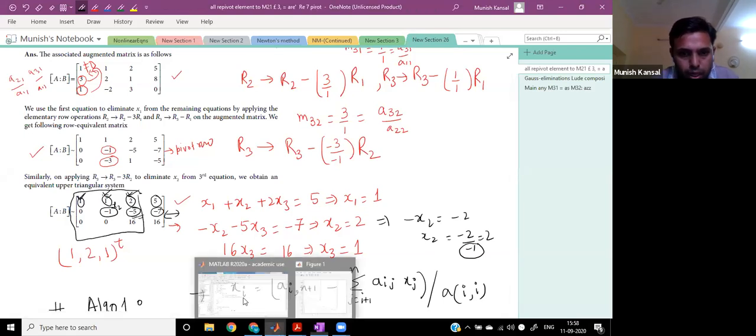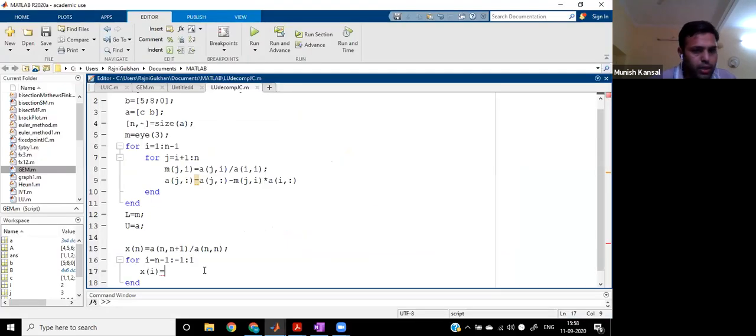So let me write it down here. What is xi? xi will be equal to a of i comma n plus 1, minus a of i, and now you have to take the sum, because all the entries will get minus.